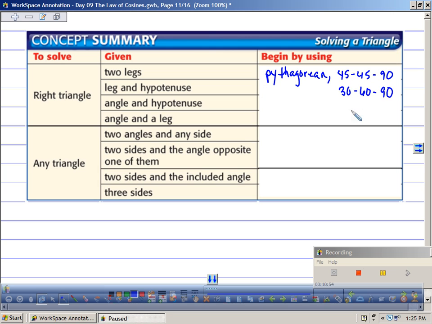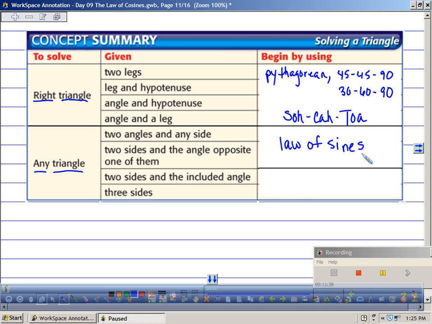Then we moved on to SOH, CAH, TOA. All of this, this whole chapter, has to do with right triangles. As soon as we move away from a right triangle and talk about any other triangle, the first thing we did was the law of sines.